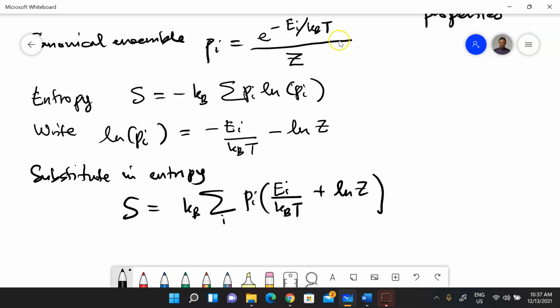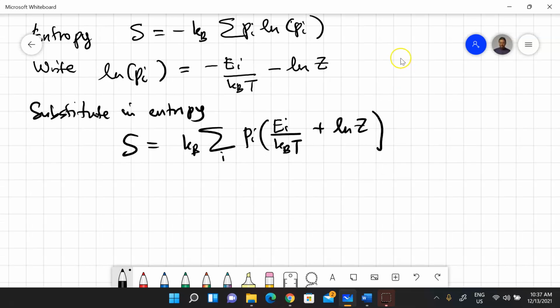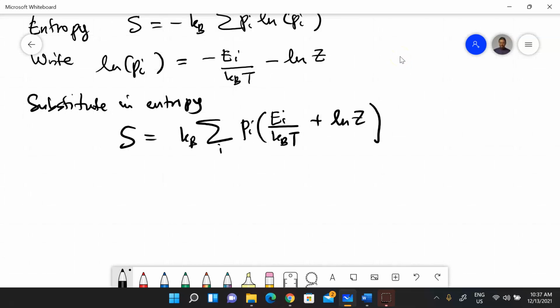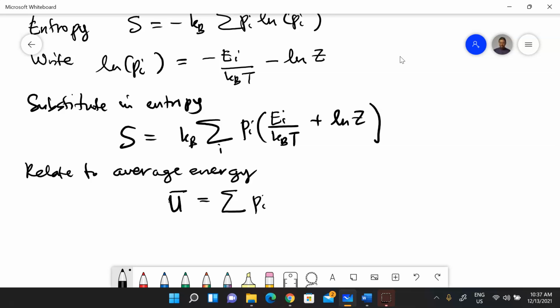So in other words, one can relate this with the idea of an average energy, which is given by U bar, which is taken from p_i, the probability of energy E_i, times the energy itself, and that gives you the average energy.